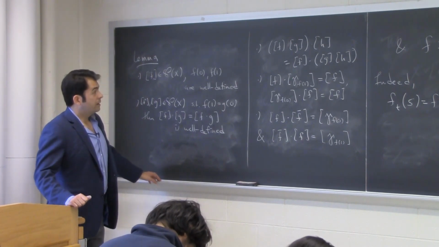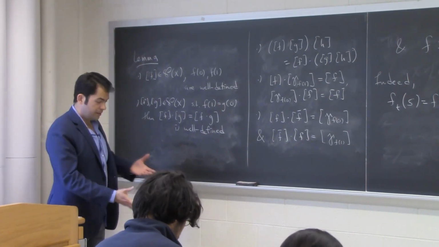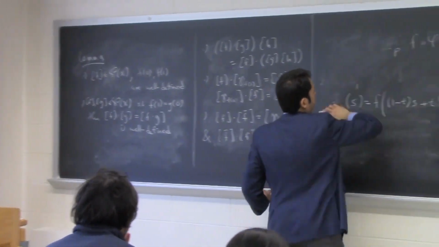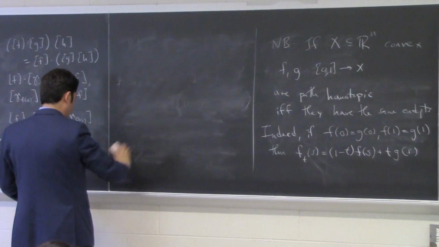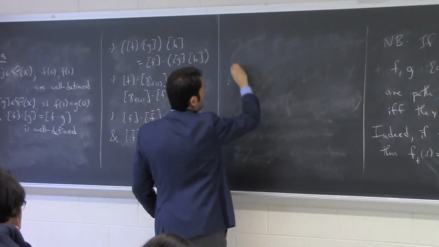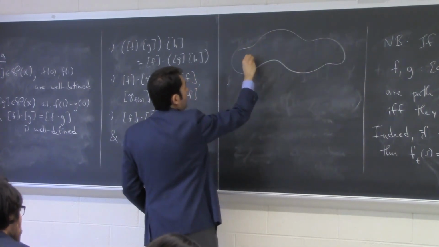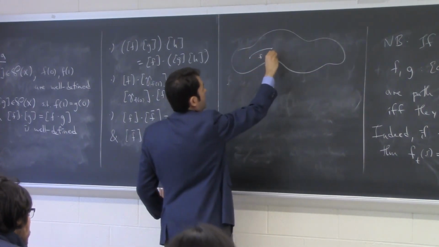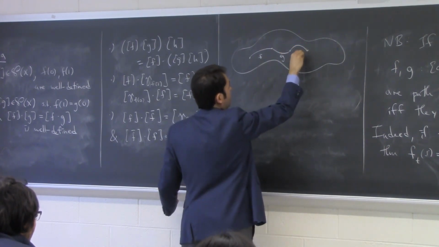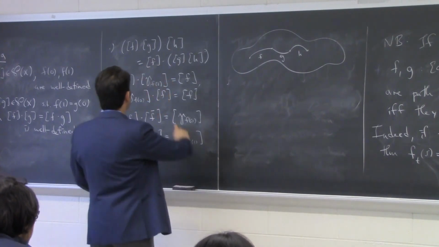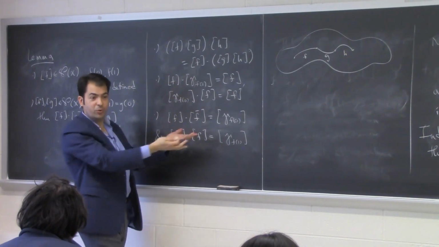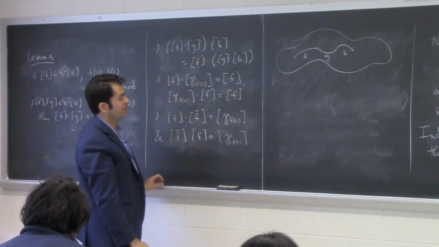This is really intuitive if you're just thinking of the picture. Looking at associativity, you have some space, and one path given by F, one by G, one by H. Of course, this is only when the endpoints work so that you can concatenate.